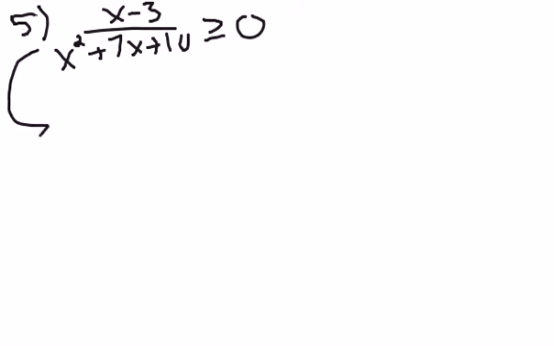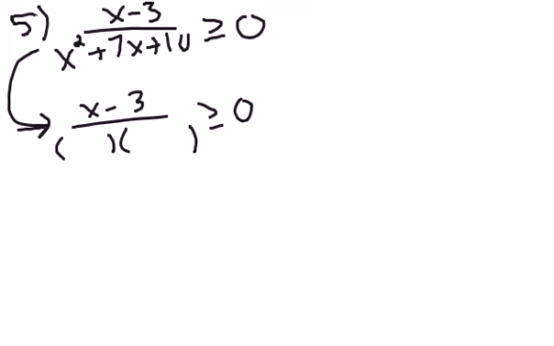Okay, so I'm just going to go ahead and factor this right away. That's almost always your first step, your first approach to solve any algebraic problems. If you can factor, it usually reveals a lot of information. So two numbers that multiply to 10 and add up to 7 would be positive 5 and positive 2.